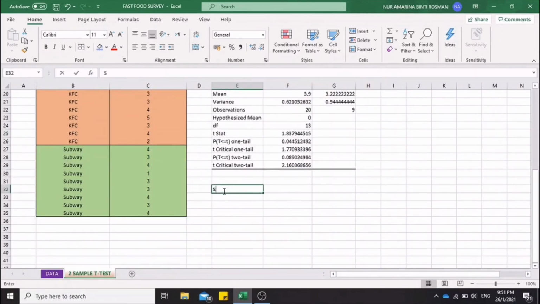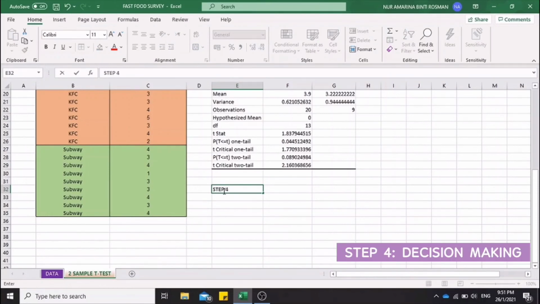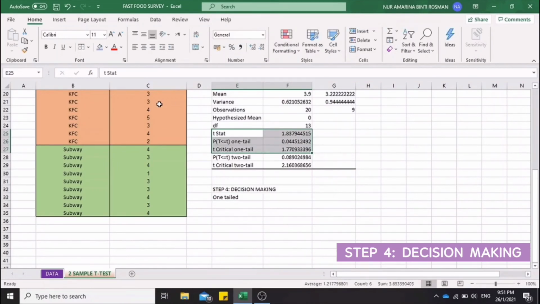And for step 4, decision making. You have only used one tail actually. It's very small, so I would like to highlight here, easy for you to focus on that number, and you can see where you have to take the number to calculate at this decision making session.